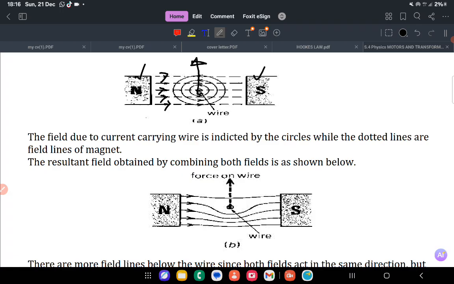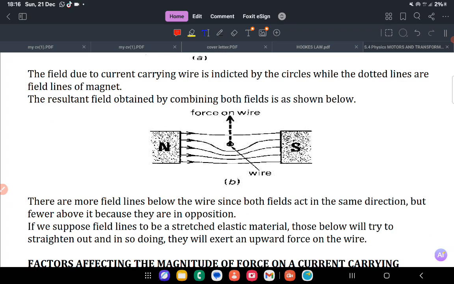The resultant field obtained by combining both fields is now shown down here. So the wire is going to be seen to move upwards, and the magnetic field lines will be shown by the arrows. Here we have the arrows pointing in the direction of the field.